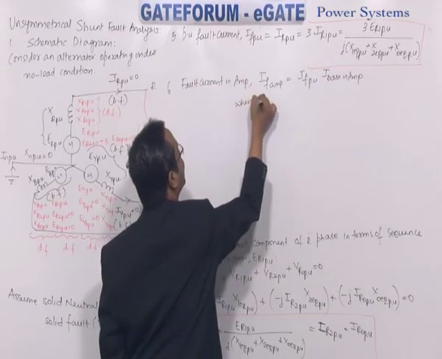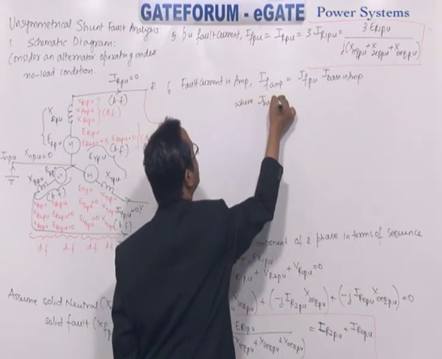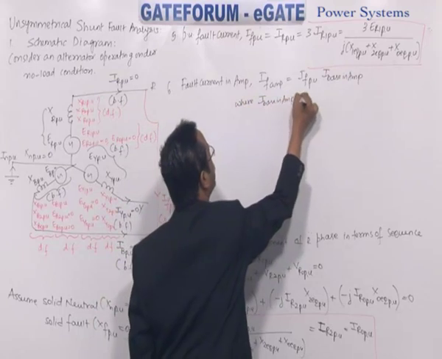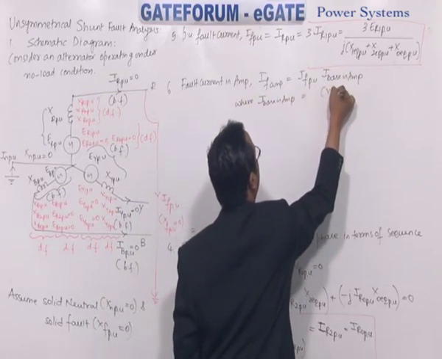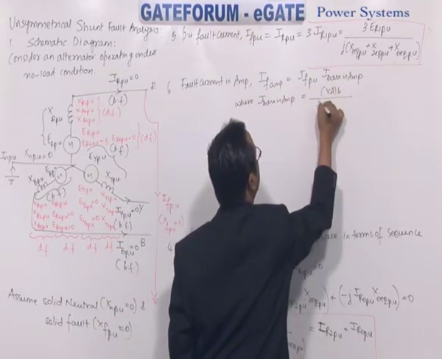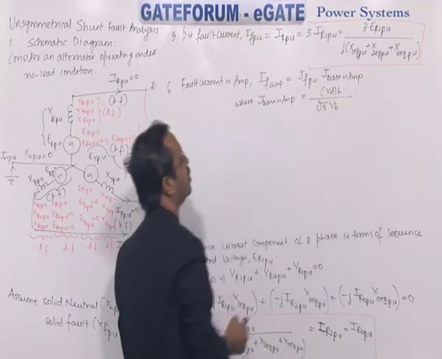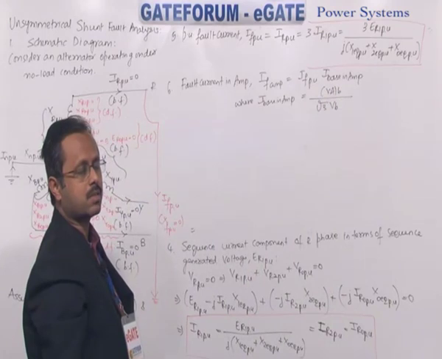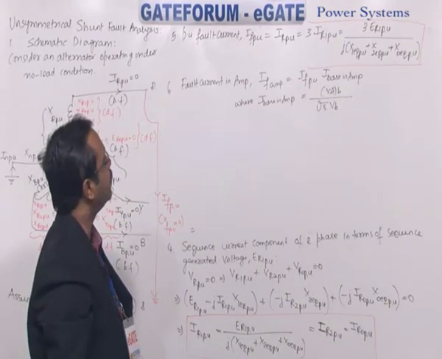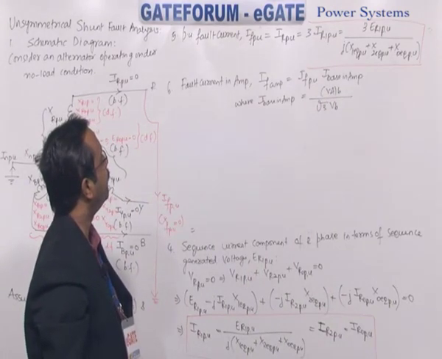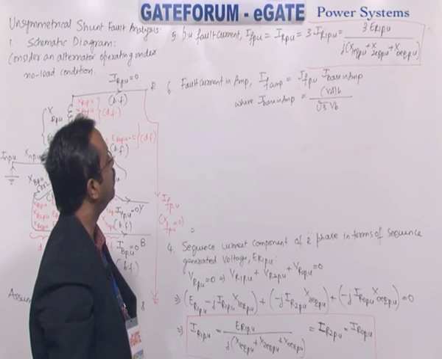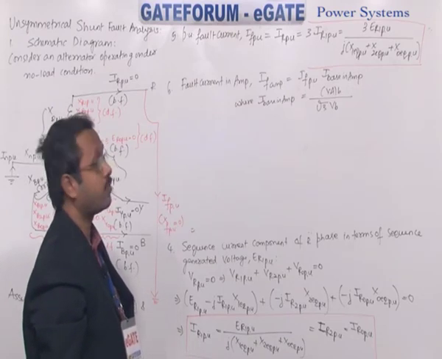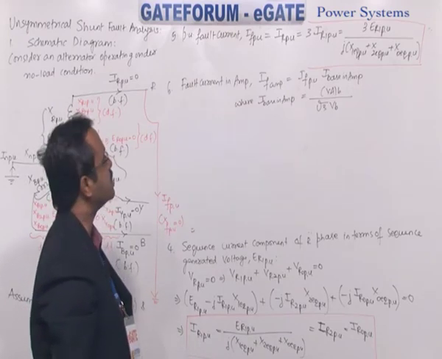And how do you write the base current in amperes? It is base volt amperes divided by root 3 times base voltage. This is the fault current in amperes.